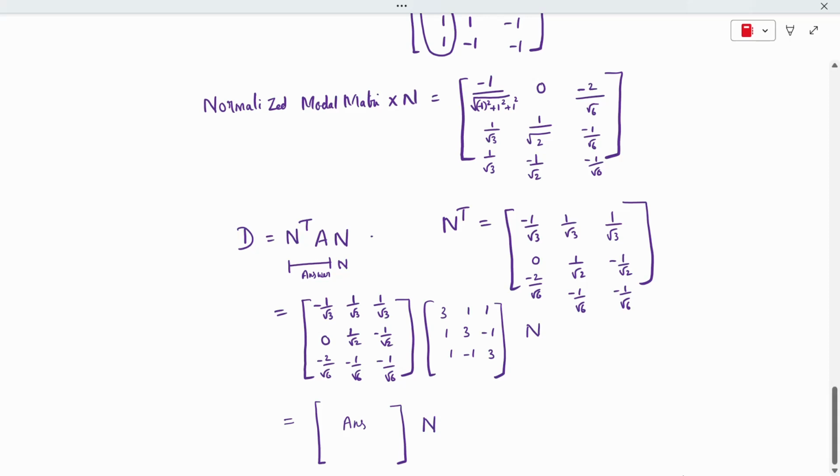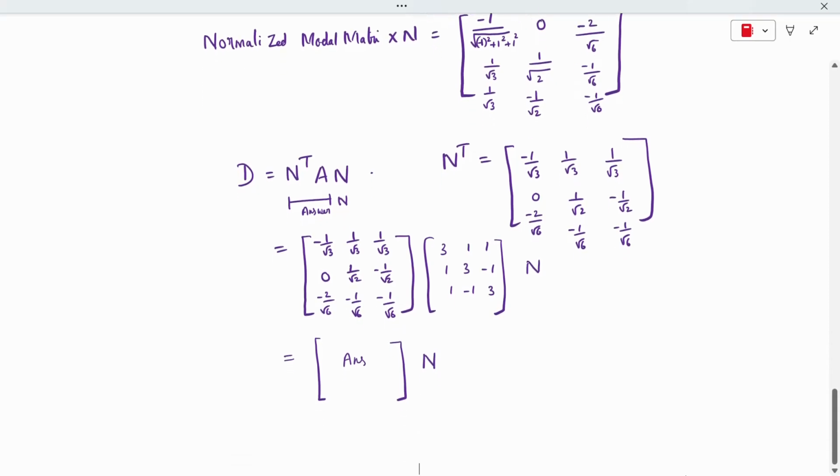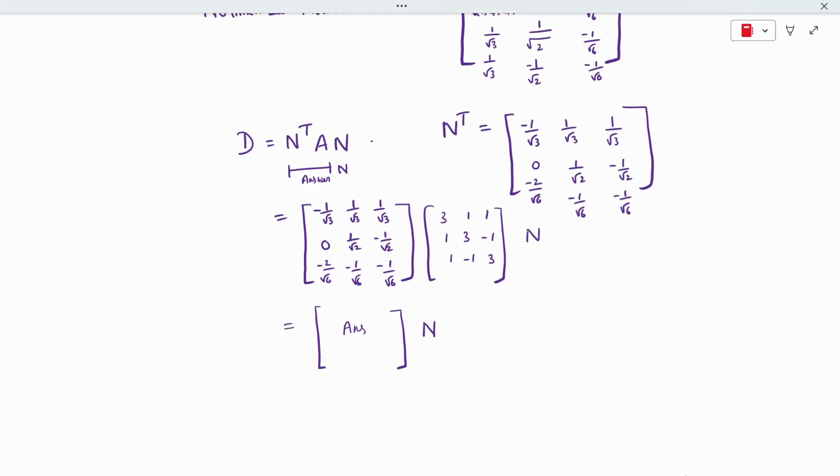Multiply it, you get one answer, that will be diagonalization, that you can guess. It is nothing but the eigenvalues in the diagonal elements. What is our eigenvalue? You remember the eigenvalues we got in the starting, 1, 4, 4.